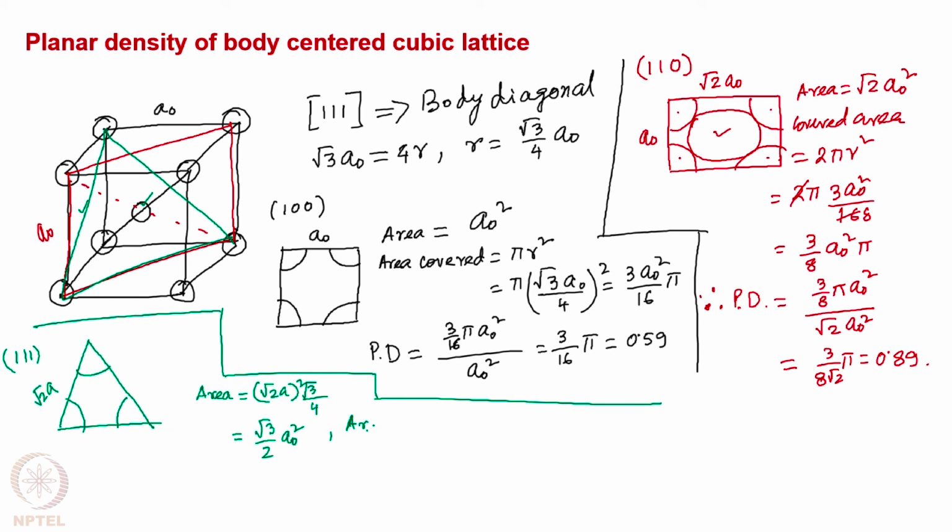Now the area covered is 1/6, 1/6, 1/6. That means 3 parts of 1/6, which means half pi r square. What is r? r is equal to root 3 by 4 a0, so r square is 3 by 16 a0 square.